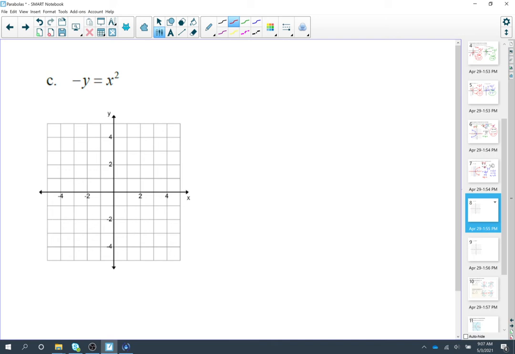Letter C, -y equals x squared. So on this one, we already have the squared term on the right. That's good. The only thing we don't like here is that this guy is negative, so I'm just going to divide it off to put it on the other side. y equals -1/1 x squared.